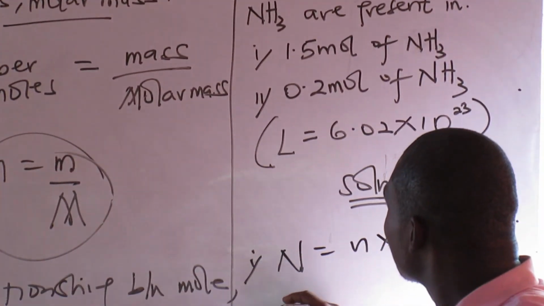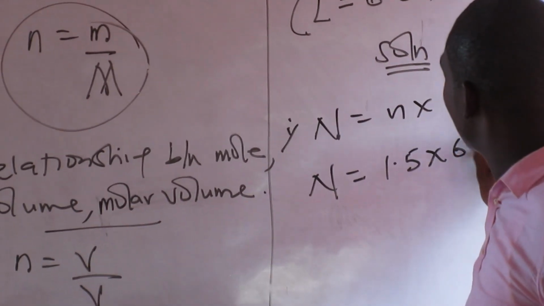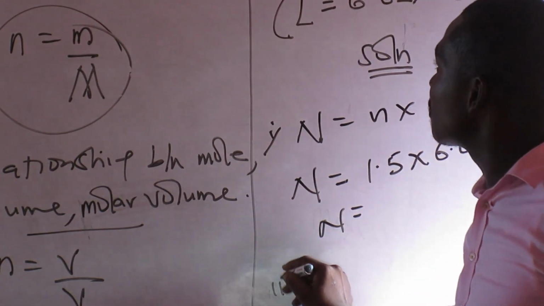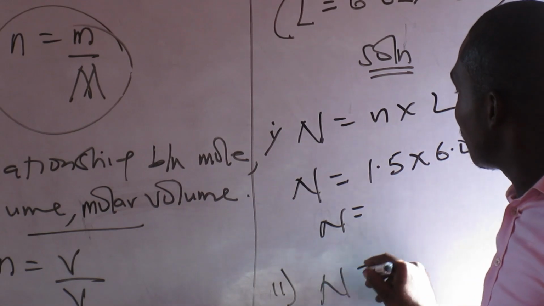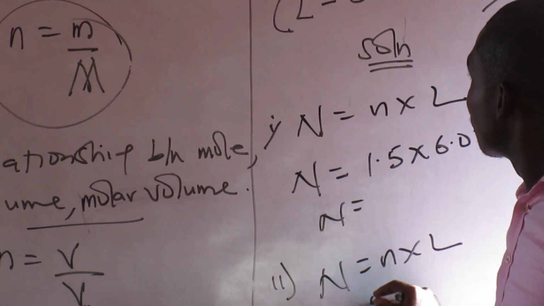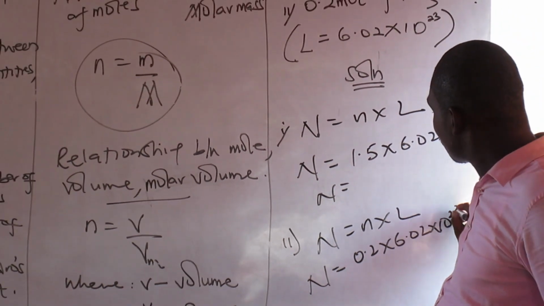So I have N equals n times L. The number of moles is 1.5 times Avogadro. Now compute. And the next one is also N equals small n times L, so 0.2 times Avogadro. Compute.